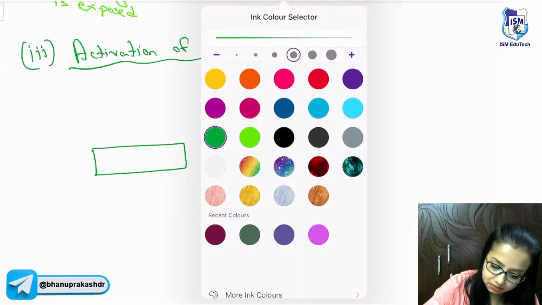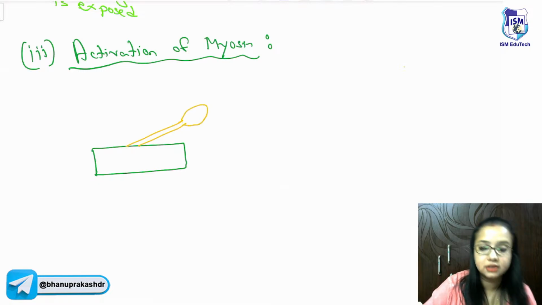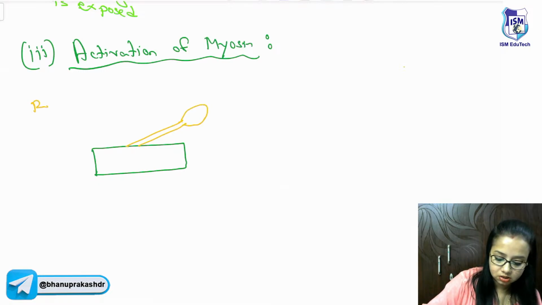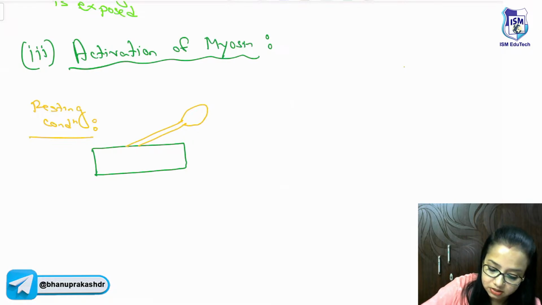For our understanding purpose, we are drawing it. Say this is the myosin head. Okay. So in resting condition, like when there is no contraction, this myosin head will have one ATP bound to it.